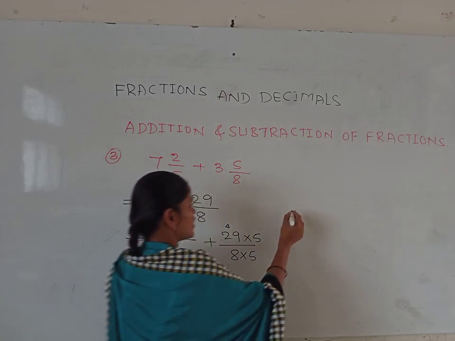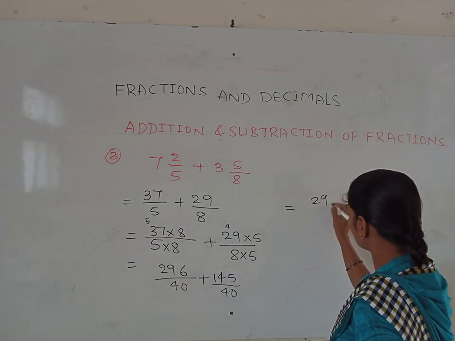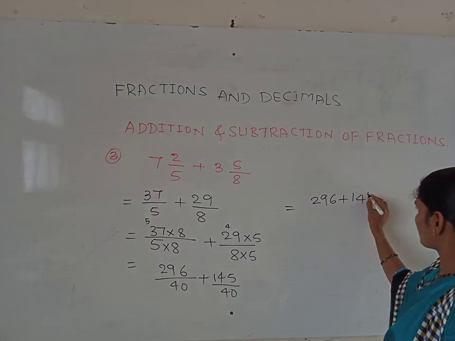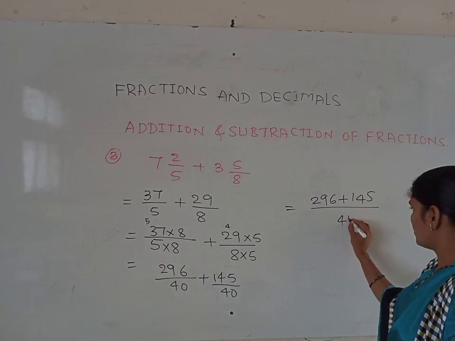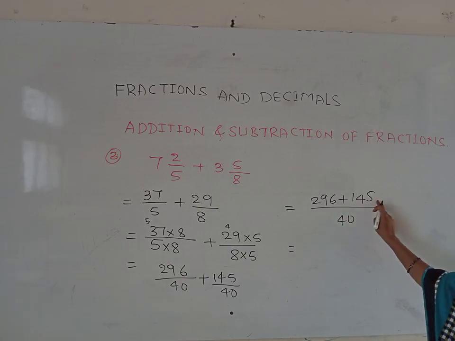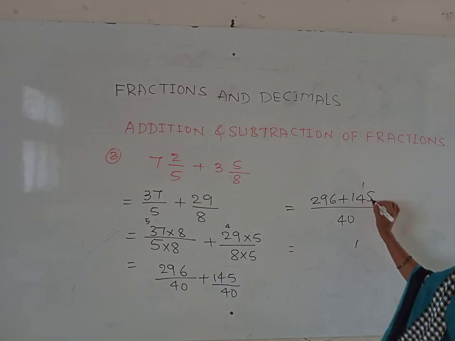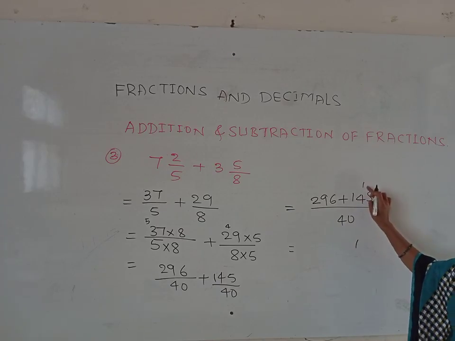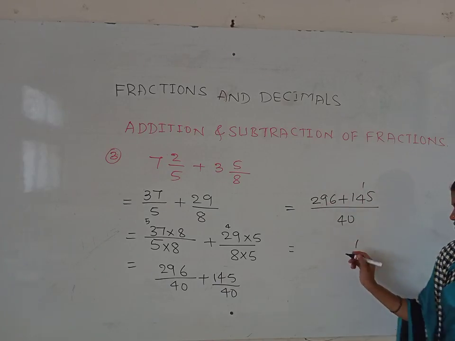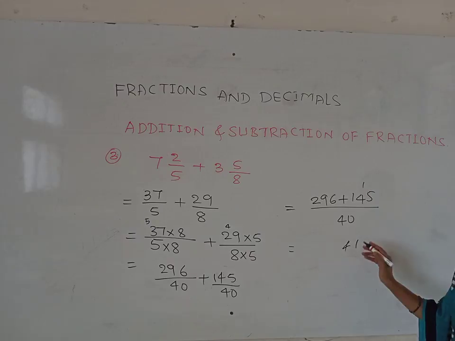Now just add the numerators. 296 plus 145 divided by 40. 5 plus 6, 11, 1 carry. 1 plus 4, 5, plus 9, 14.